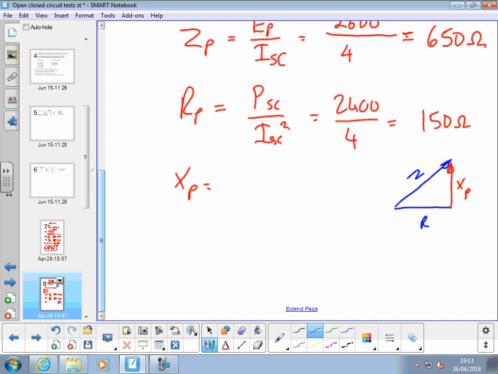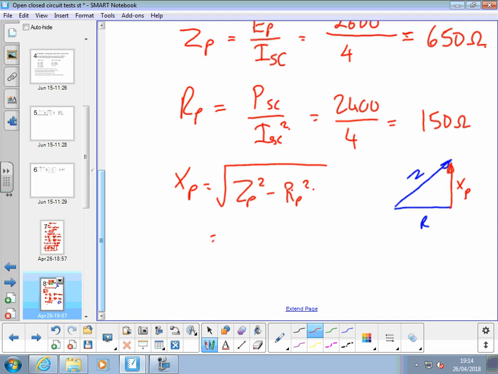XP is equal to root of ZP squared minus RP squared.